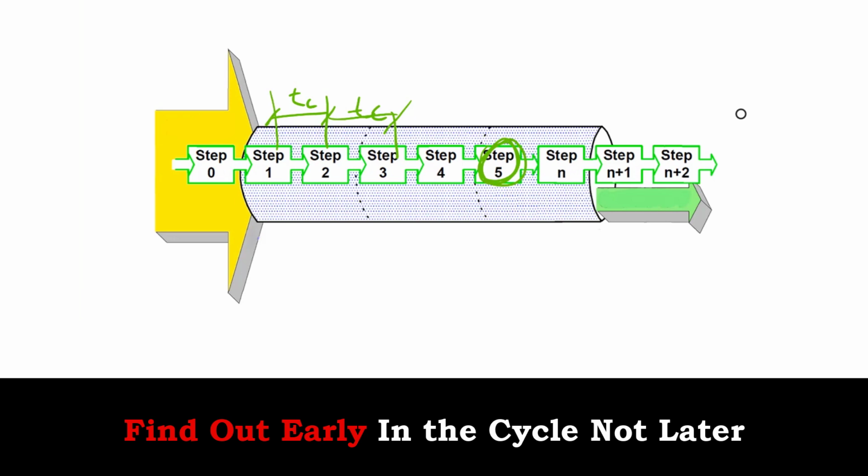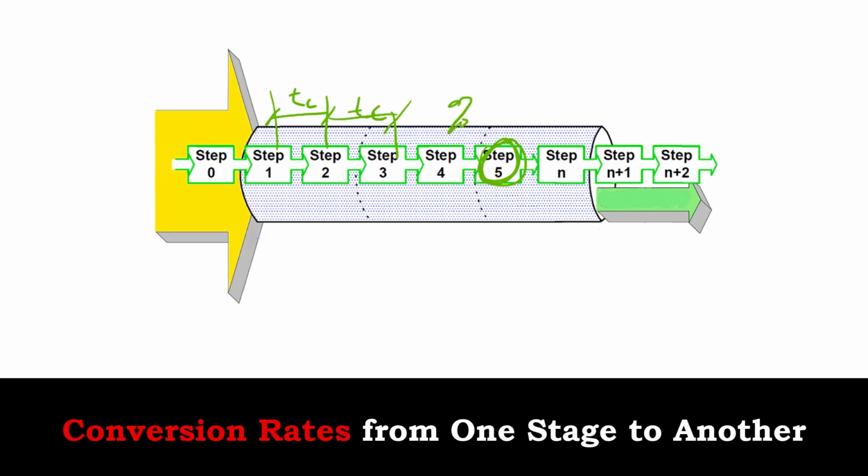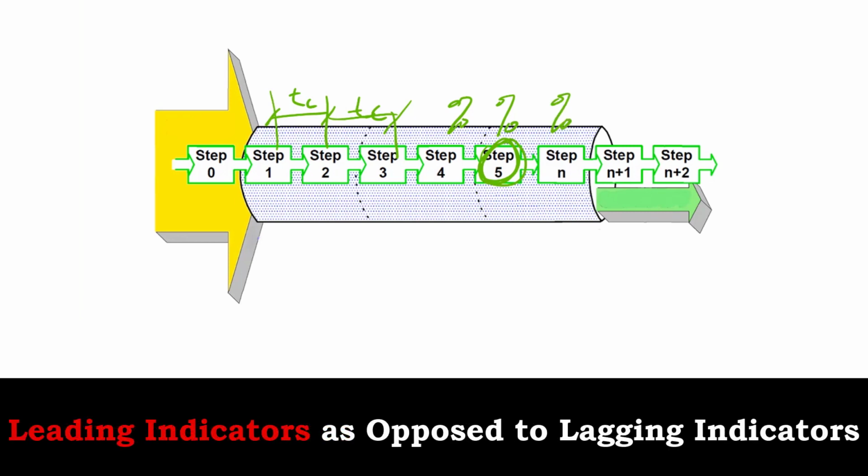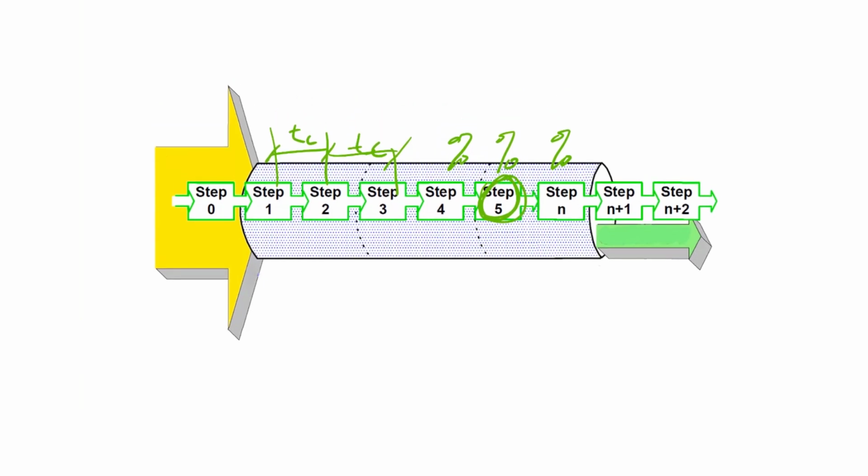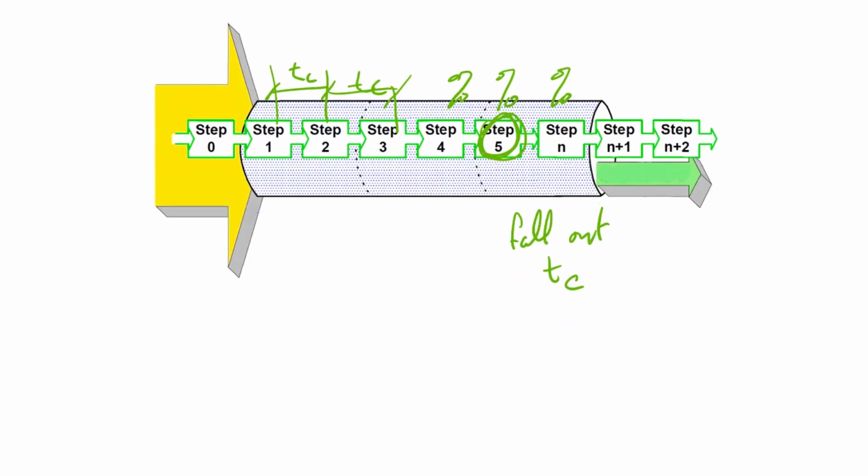Another thing you could look at is conversion rates from one stage to another. All of these are leading indicators as opposed to the lagging indicators that we were talking about earlier. So, things to measure: what are the fallout patterns? What are cycle times from one step to another? What are conversion rates from one step to another?